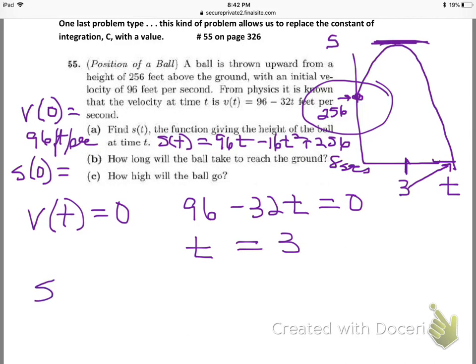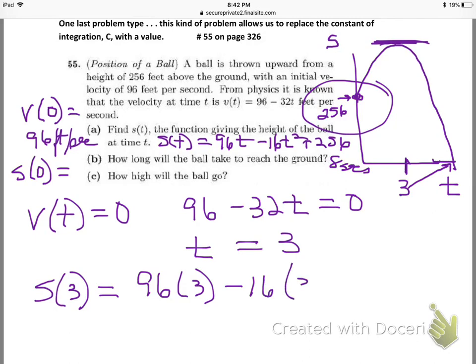So you need to go back to your original position function with the constant of integration removed, and you're going to evaluate s of 3, so 96 times 3 minus 16 times 3 squared plus 256. And I believe you're going to get 400 for that.